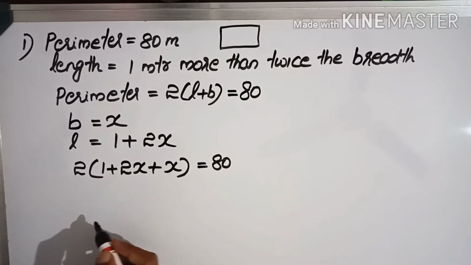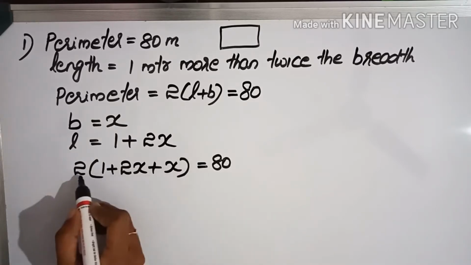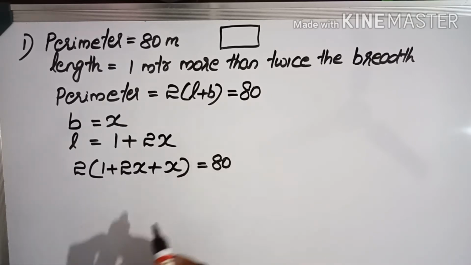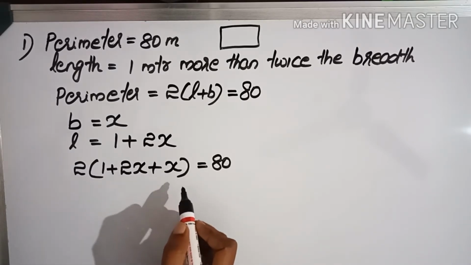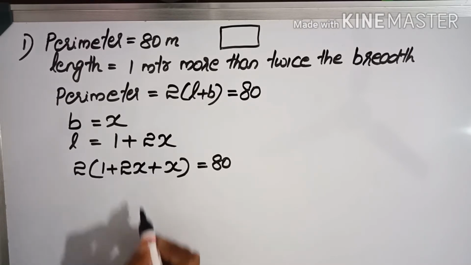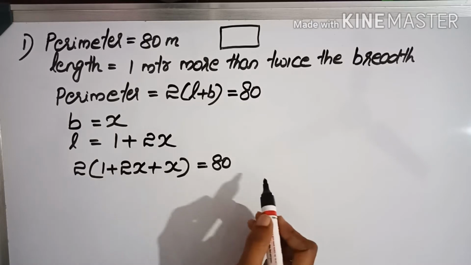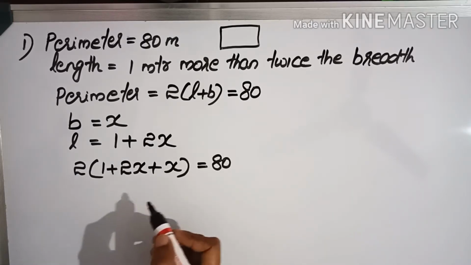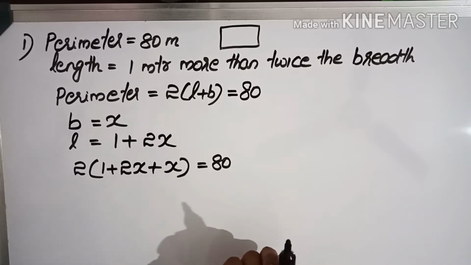Now the next step is, here the 2 into is outside this bracket. That number we can take to this side. In the algebraic method, our aim is that only the variable term must be on the left side. All the remaining numbers must be on the right side. But it is not possible to write directly.